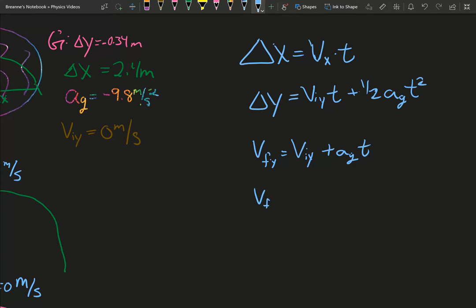And we have V final y squared equals V_iy squared plus 2 a_g delta y. Now remember, we will give you these equations. You do not have to memorize them. You just need to remember what each letter is.